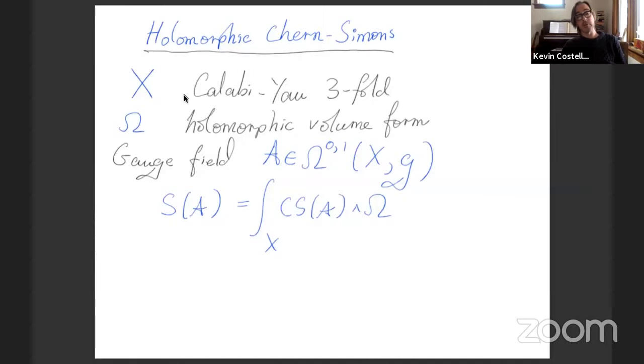It's a theory that lives on a brane in the topological B model. And the field is a gauge field, which is just a (0,1) form. So it's describing a holomorphic G-bundle. And the Lagrangian is I simply wedge the Chern-Simons Lagrangian with the holomorphic 3-form omega. This is a very simple Lagrangian.